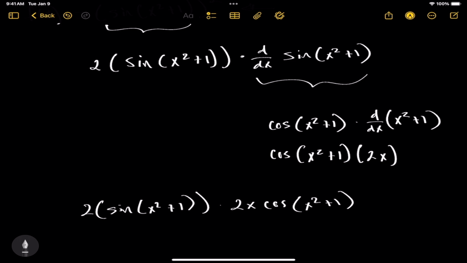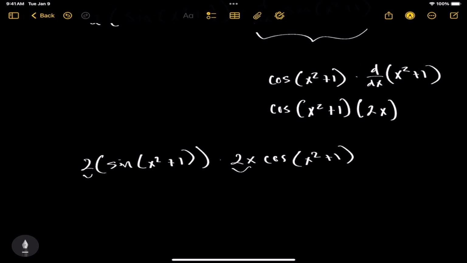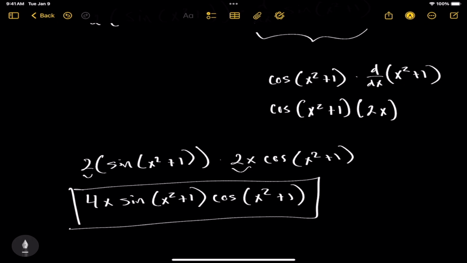You could also multiply this 2x with this 2 and move the variable over to the left as well. So you can have 4x sine of (x squared plus 1) cosine of (x squared plus 1). And this is your final answer for the second problem.